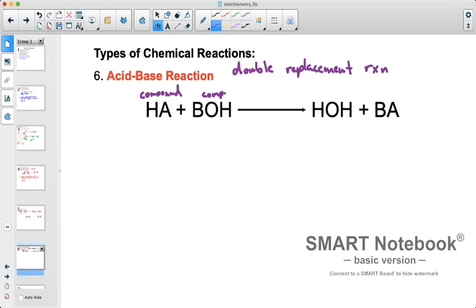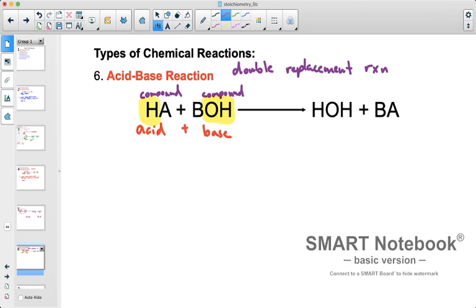So that's the first thing we can recognize. But these compounds are specific. We're always dealing with an acid, and we're combining it with a base. I know it's an acid specifically because the H is in the metal position. I know it's a base because there's an OH in the non-metal position. Those are the two indicators that tell me that it's an acid and a base.